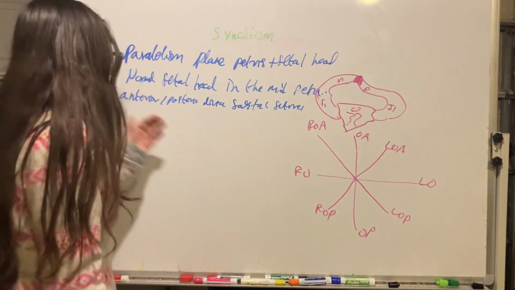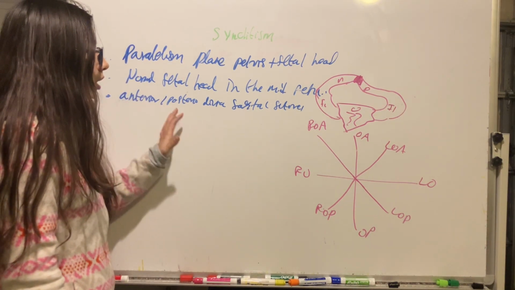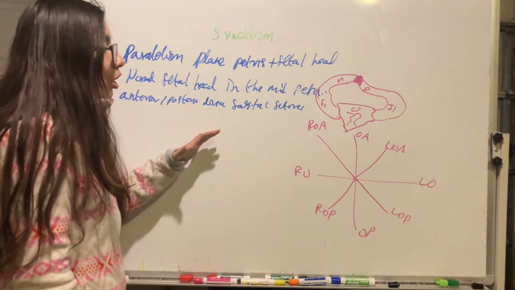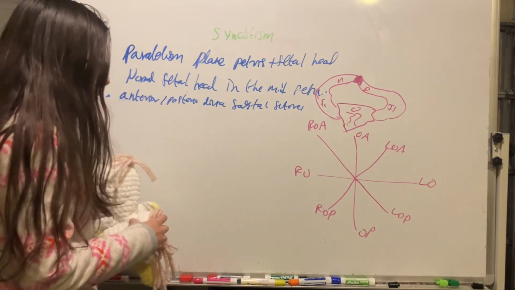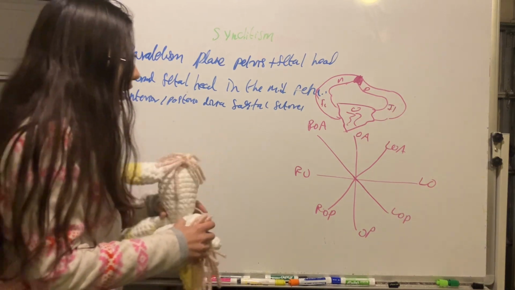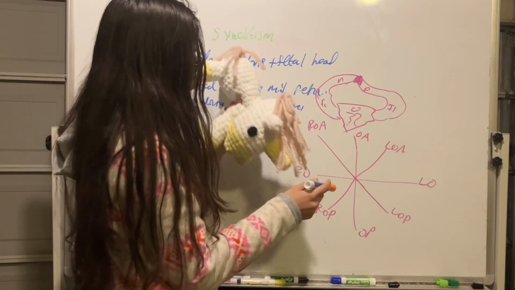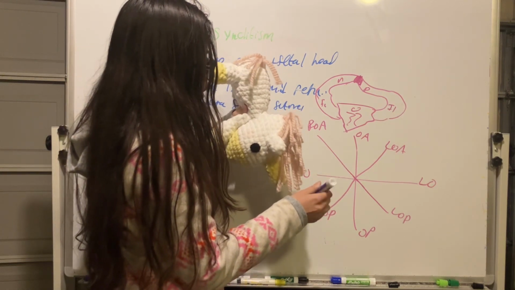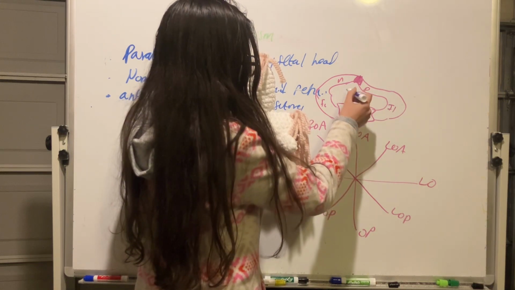Now, what is synclitism? Synclitism is when we have an anterior or posterior deviation of the sagittal suture. Here I will draw the head in left occiput position. So this is the head.